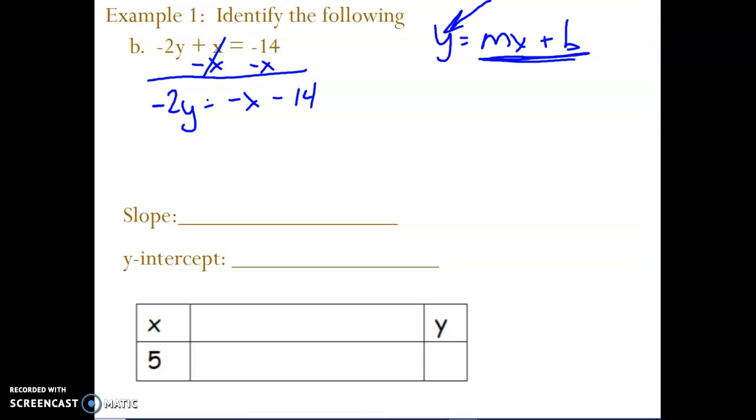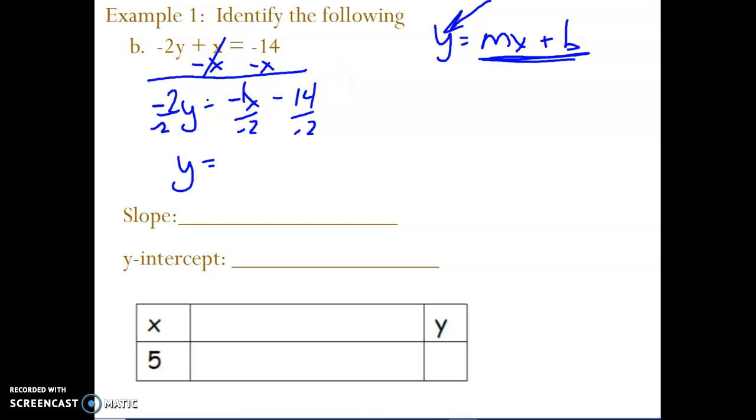Okay, I still don't have y by itself. I need to divide both sides by negative 2. I'm going to divide each thing by negative 2 separately. Okay, so here's something that people have found confusing in the past. Look at this one. What do you think this is going to simplify to? Well, if you remember, there's an understood 1 right here in front of the x.